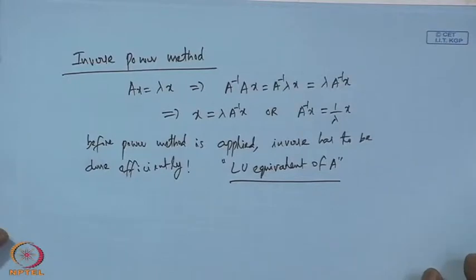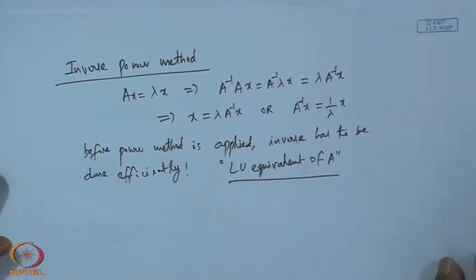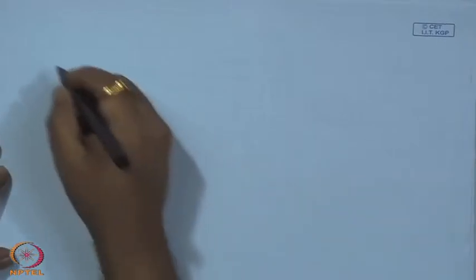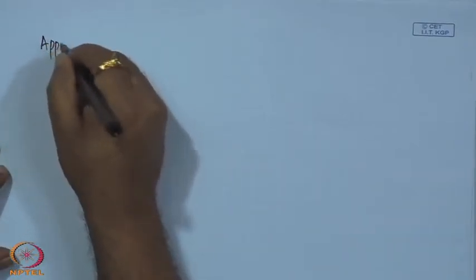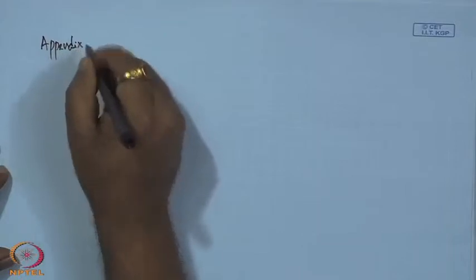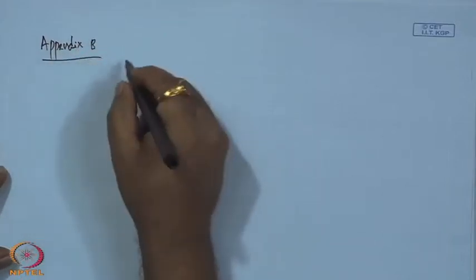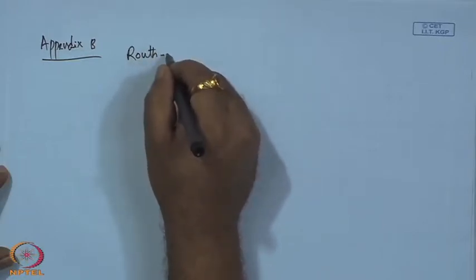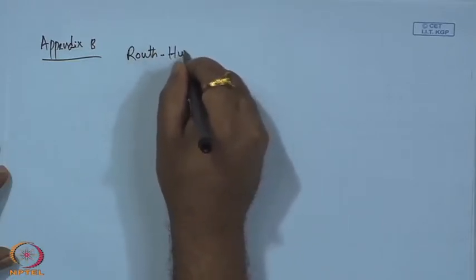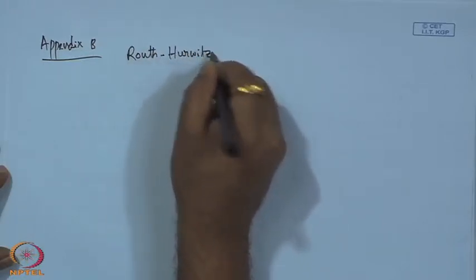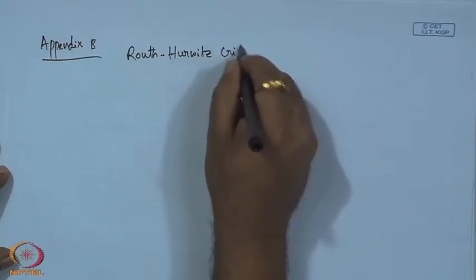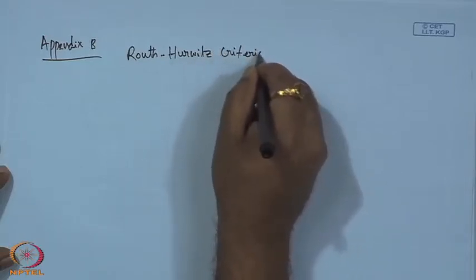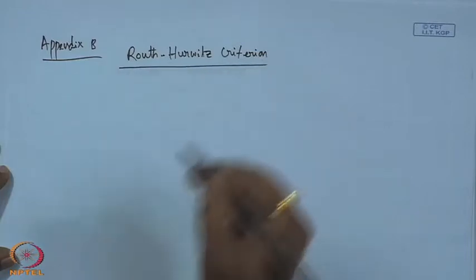So, this is one appendix. I want to just give a brief idea on the power method. Then there is the other one, appendix B, the Routh-Hurwitz criterion.